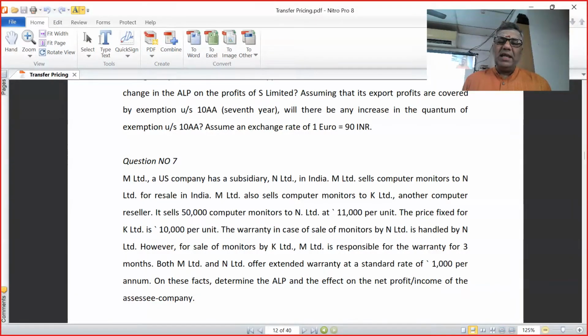The warranty in case of sale of monitors by N Limited is handled by N Limited. However, for sale of monitors by K Limited, M Limited is responsible for warranty of 3 months. Both M Limited and N Limited offer extended warranty at a standard rate of 1,000 per annum. On these facts determine the ALP and the effect on net profit in the income of the assessee.